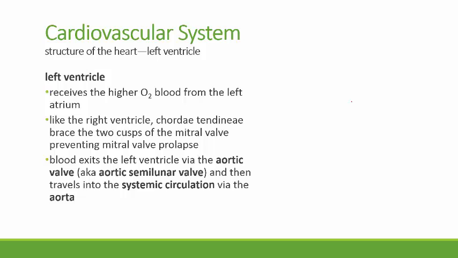That generates enough blood pressure then that forces the mitral valve to close and then opens the aortic valve, also called the aortic semilunar valve, and then the blood flows out into the systemic circulation through the aorta and carries the oxygen that it picked up at the lungs out to the body.